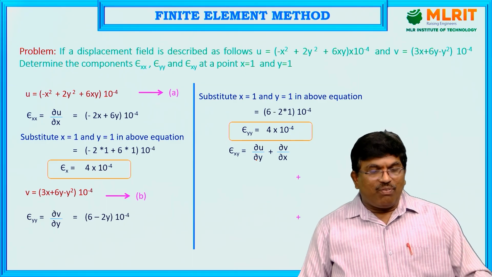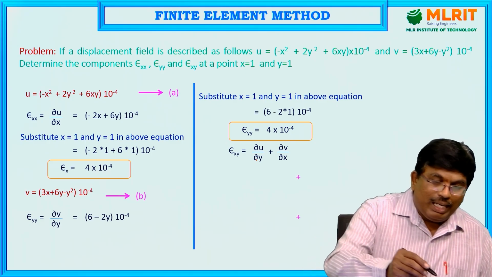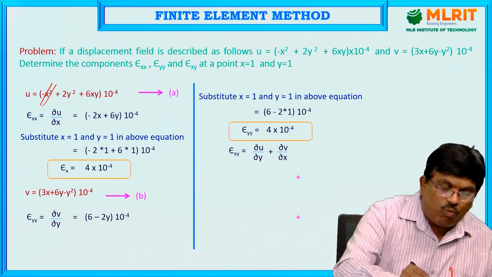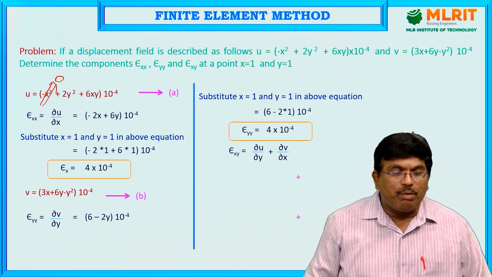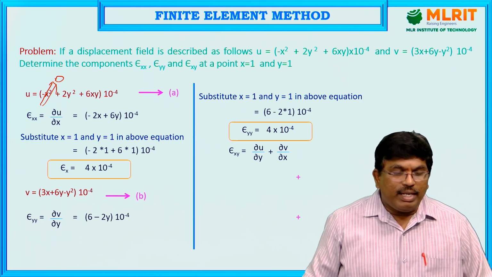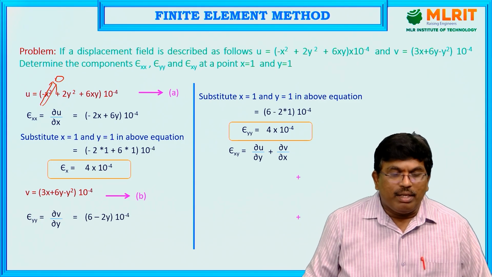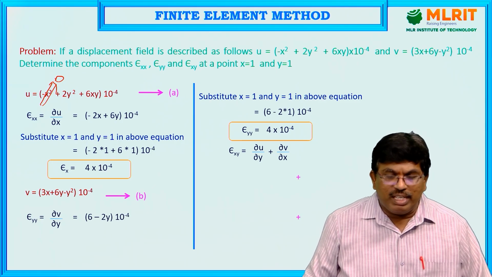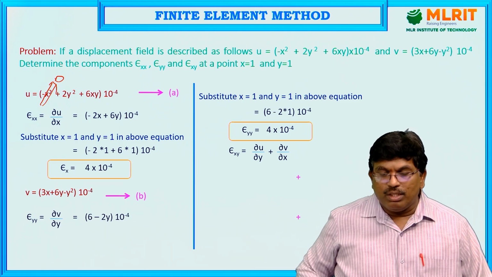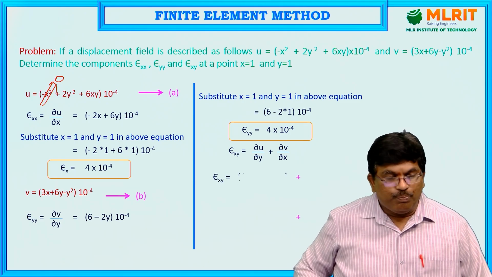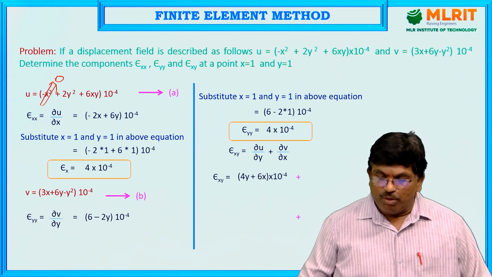Whenever I differentiate equation A with respect to y, the x has no y coordinate here, so differentiating minus x square becomes 0. And next you apply the same formula, 2y square becomes 4y, plus 6xy. If differentiate with respect to y, it becomes 6x. So that means dou u by dou y equals 4y plus 6x into 10 to the power of minus 4.